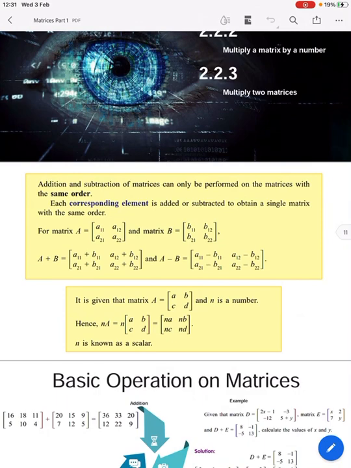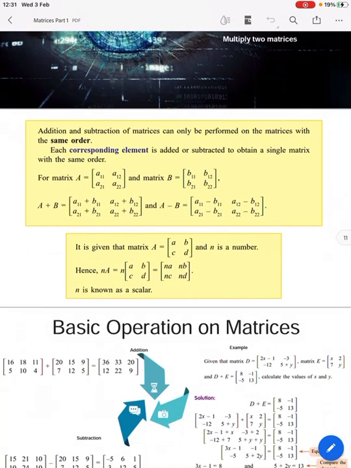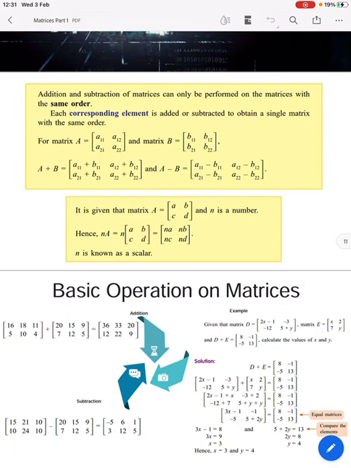Trust me, even though the definition looks a bit complicated because of all the notations and the subscripts, these things are actually easy. Here's the definition. Addition and subtraction of matrices can only be performed on matrices with the same order. Each corresponding element is added or subtracted to obtain a single matrix with the same order.